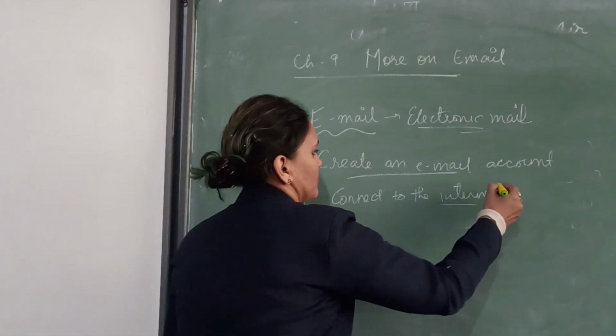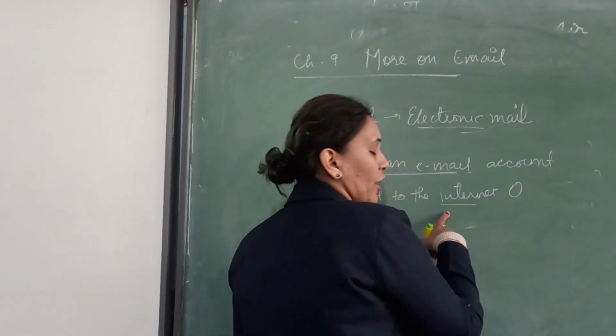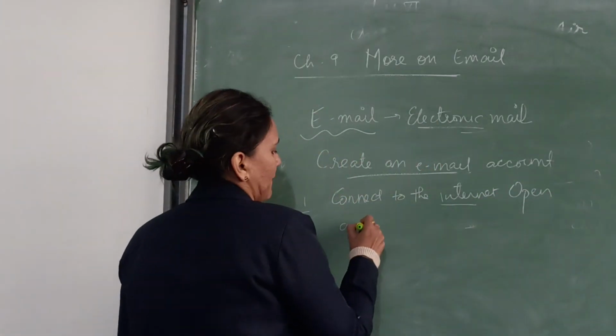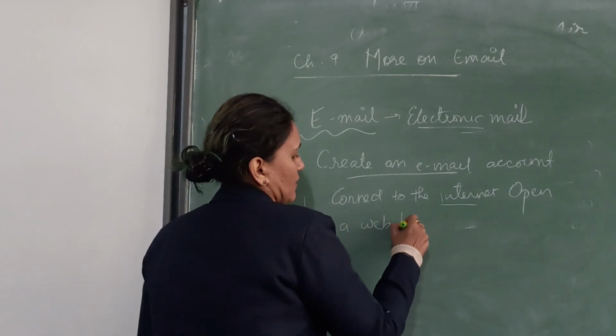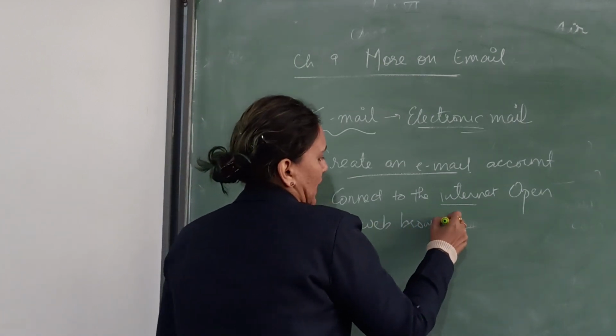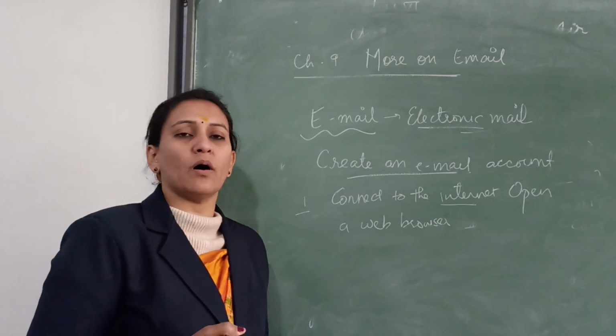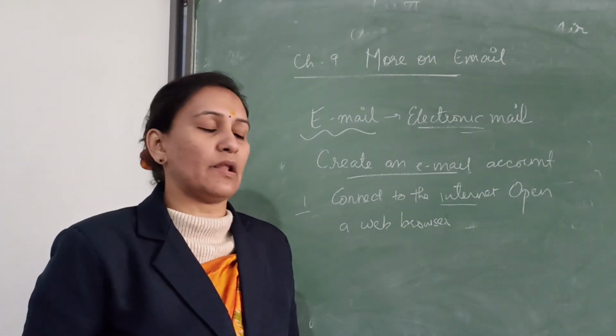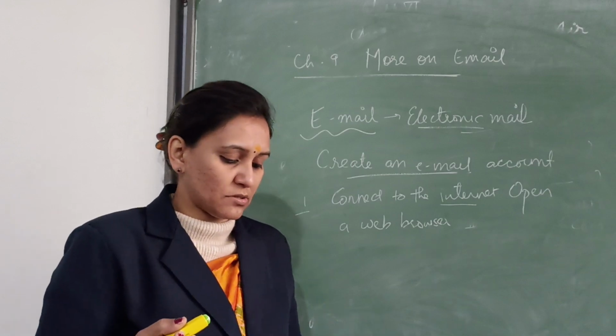Then, the next step: after you are connected to the internet, open a web browser, right? This web browser could be Google Chrome or Mozilla Firefox or Bing, whichever is easily available on your computer system.